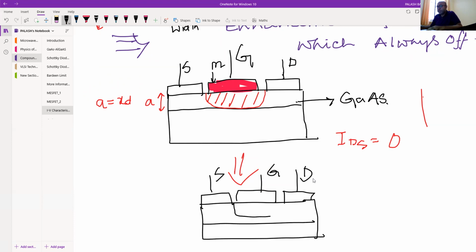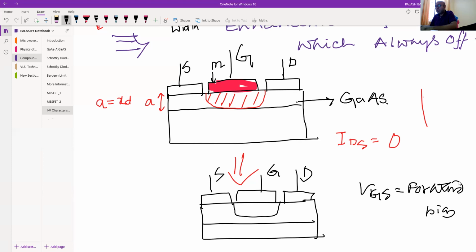How to open it a little bit? You have to give VGS as forward bias. You know that part. You need to give a little bit of forward bias. If you give forward bias, what will happen? It will open up the junction a little bit.